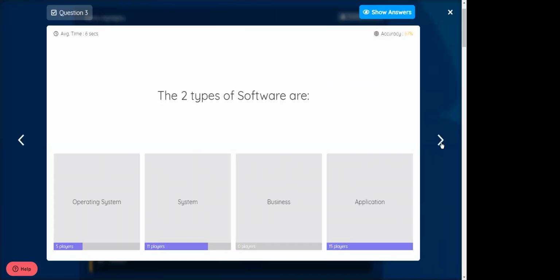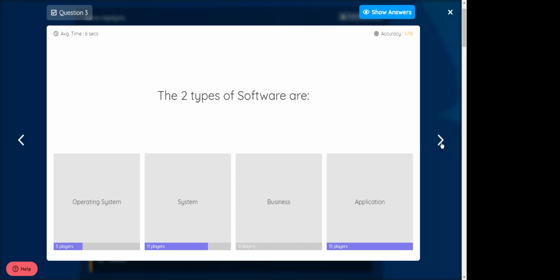What are the two types of software? System software and application software. Operating system won't come here because the operating system is a part of system software.